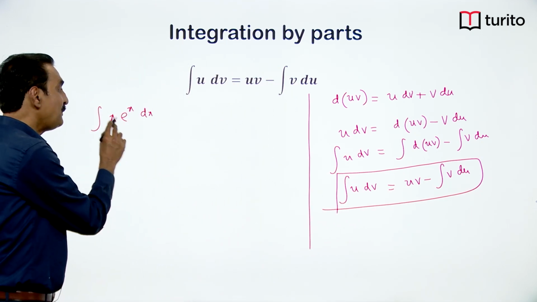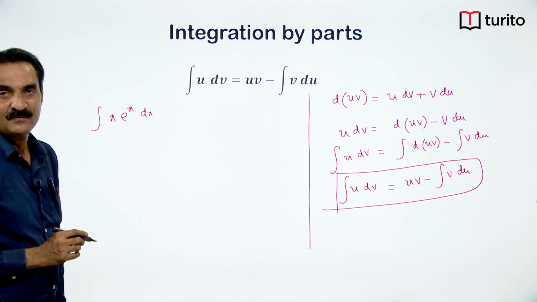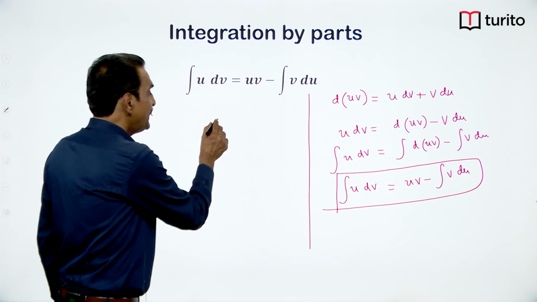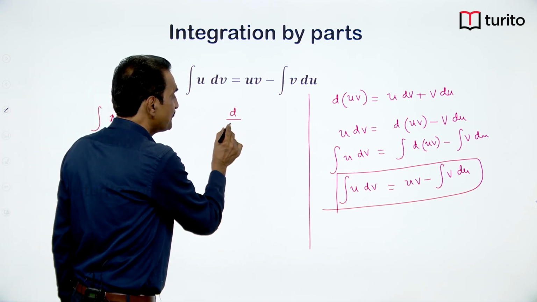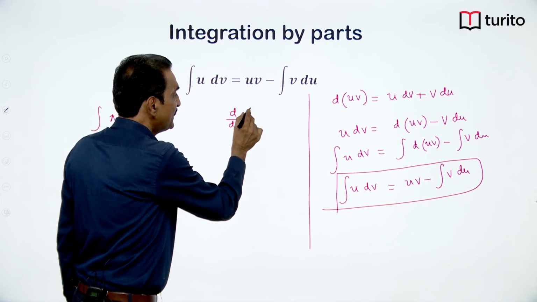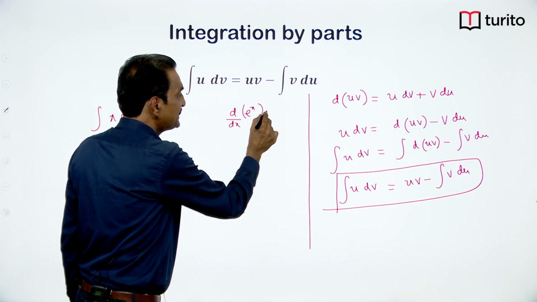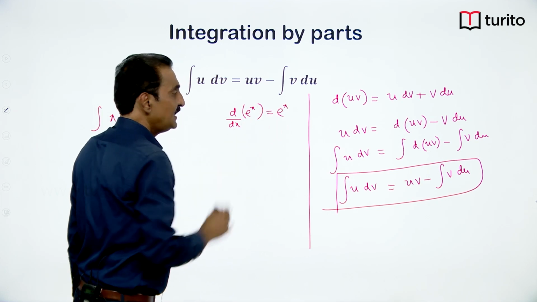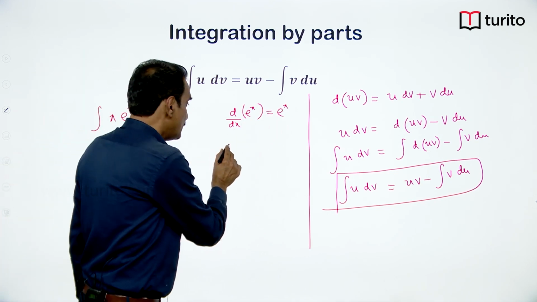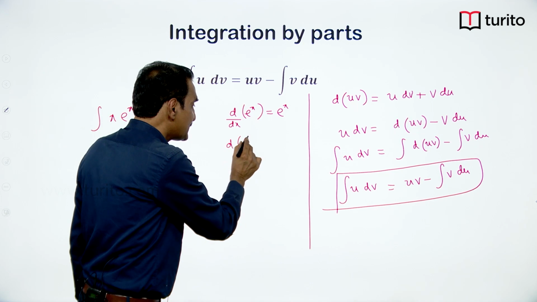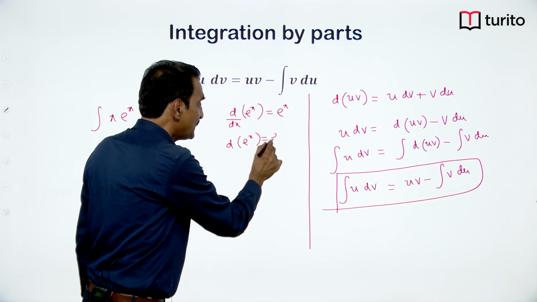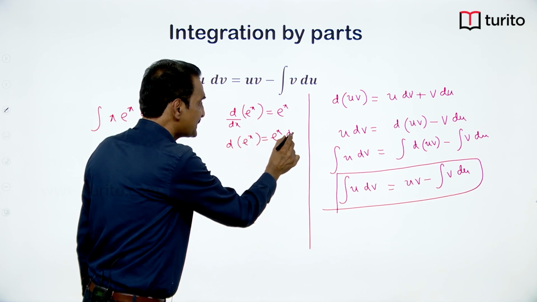We know that d by dx of e power x is e power x. So, d of e power x is e power x dx.